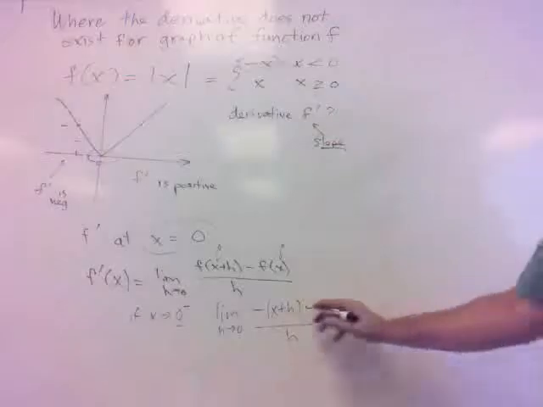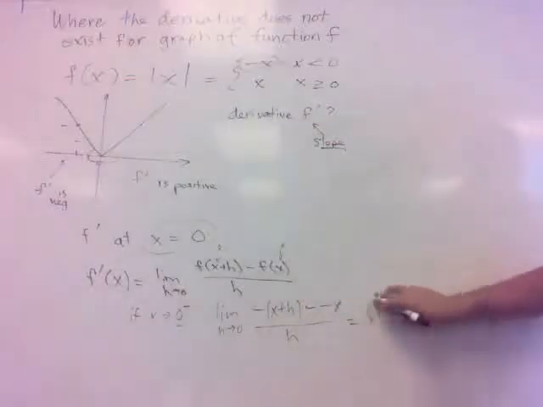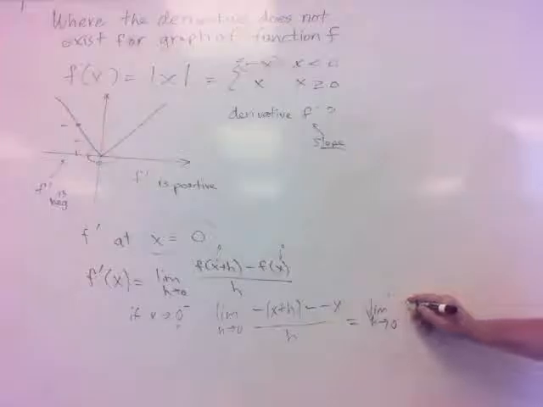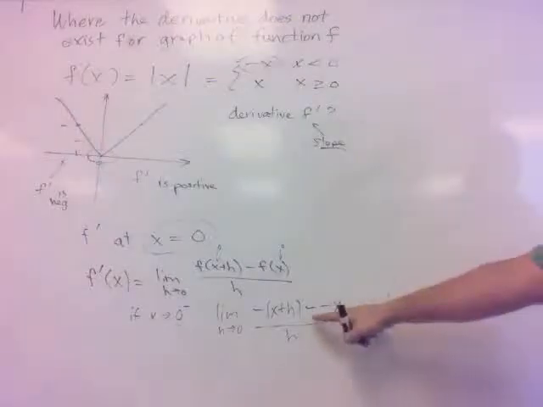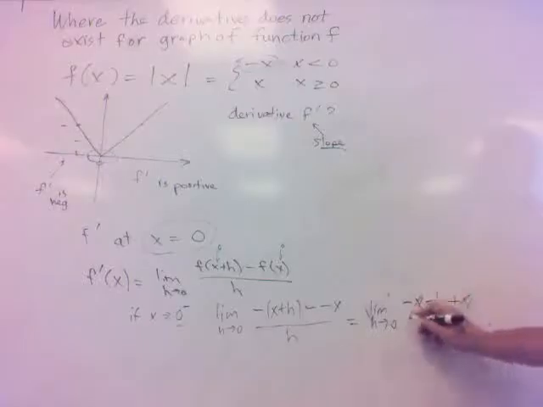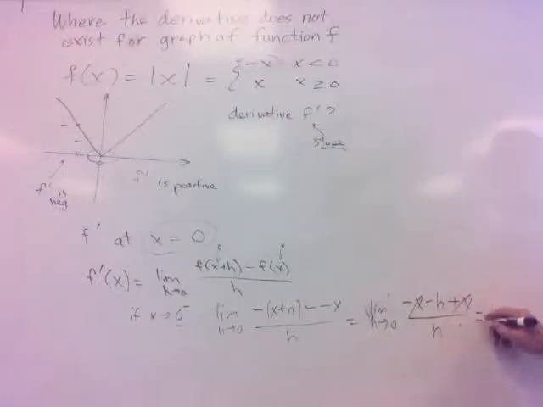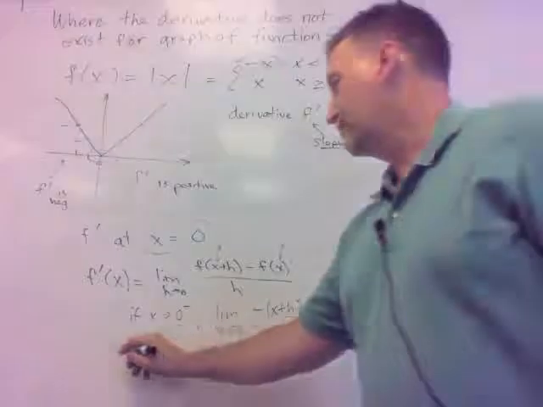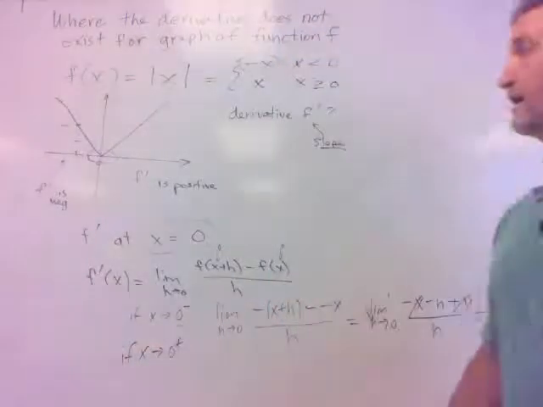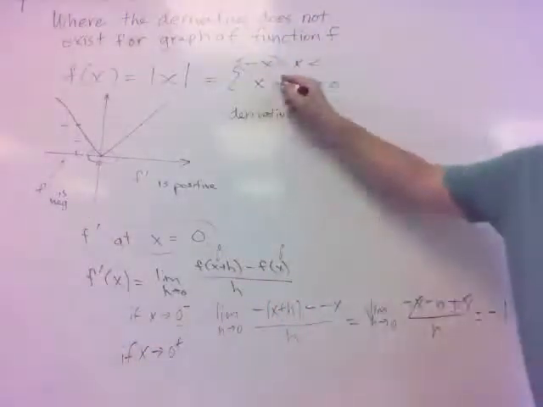What does that work out to be? The limit as h approaches 0 of minus x minus h plus x over h. The x's cancel. Then I have minus h over h, which is negative 1. However, if I approach from the right side of 0, then I have to use just x.